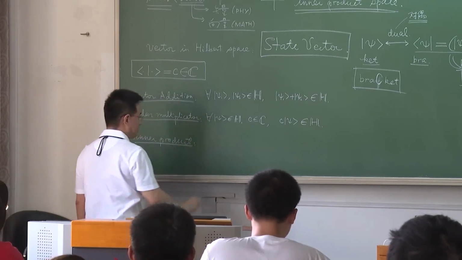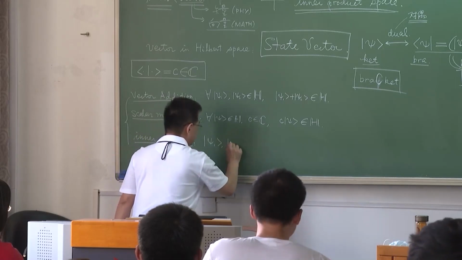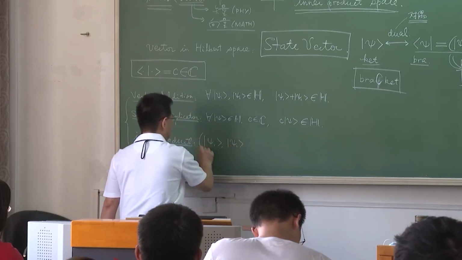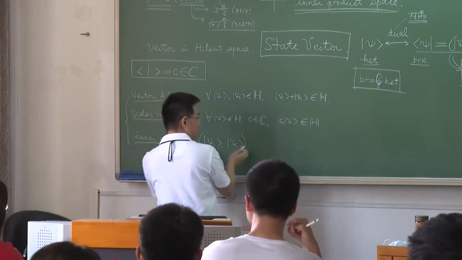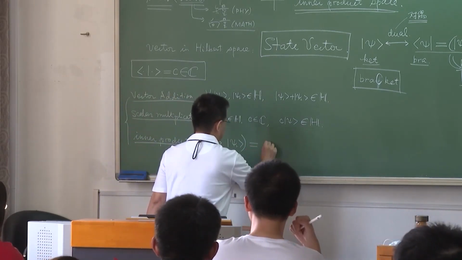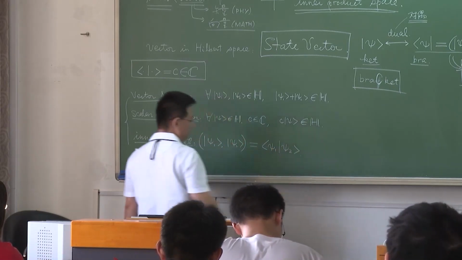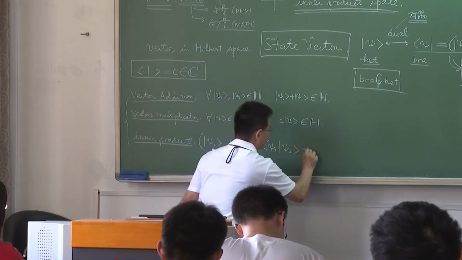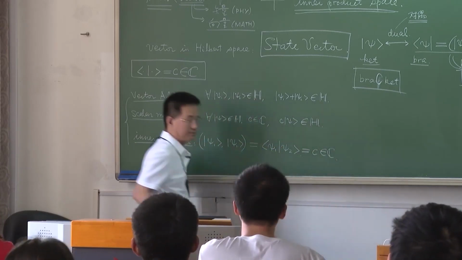Inner product means that you have two states, psi 1 and psi 2, and this is the inner product of these two vectors. It is equal to this, and it is some complex number.